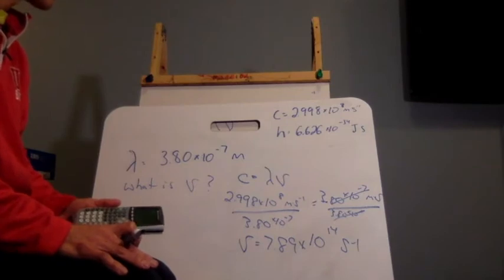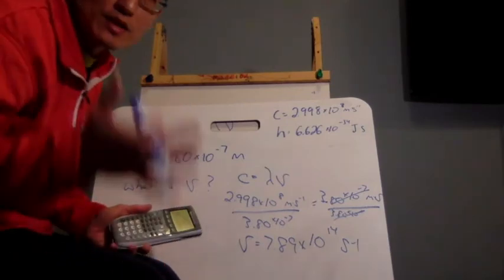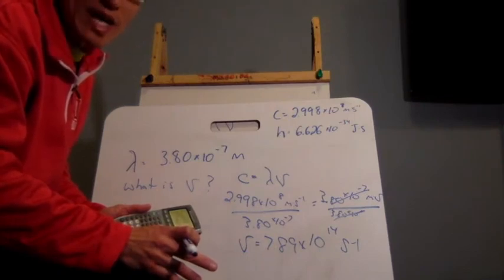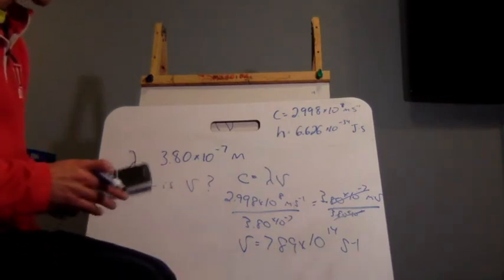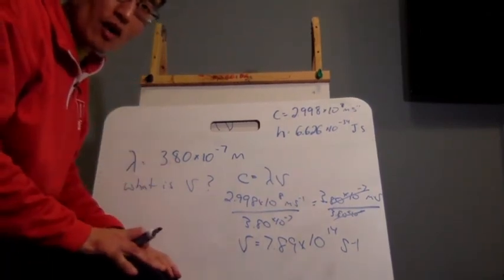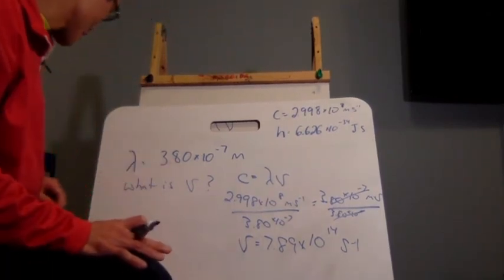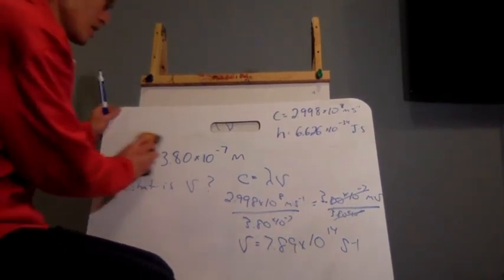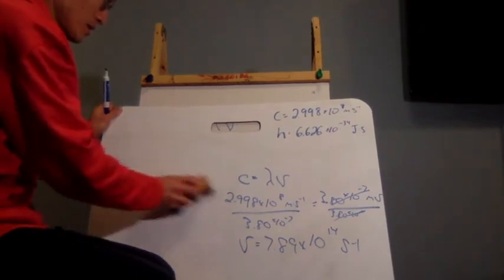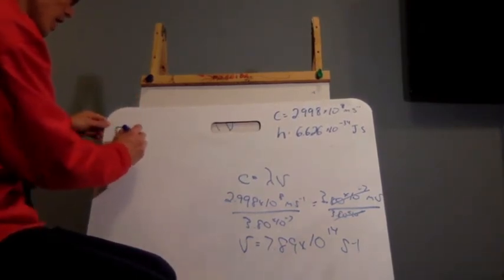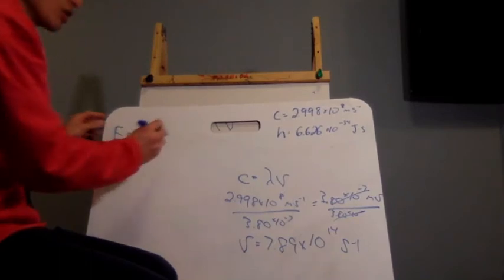The other thing is that these waves have energy. How can you calculate the energy? To calculate energy, there's another equation. There are only two equations on the equation sheet in this section, and that is this one right here: energy equals h times nu.